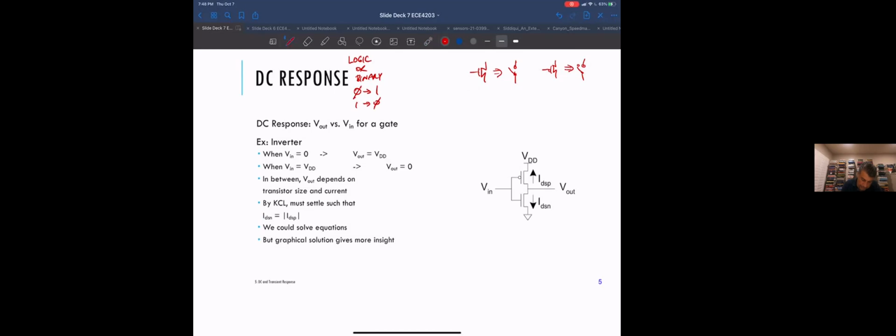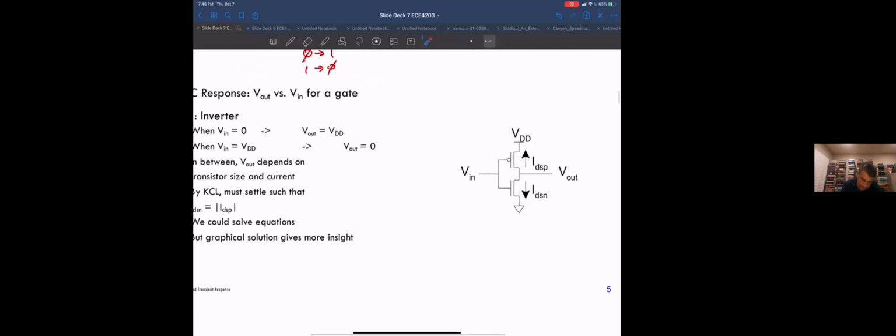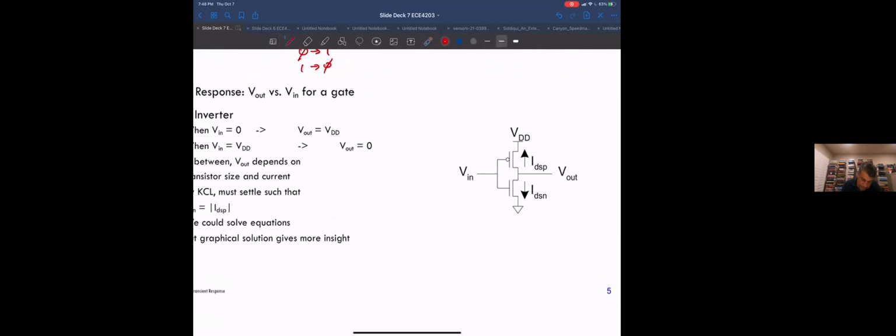So in reality, if I look at a CMOS inverter, I guess there's one drawn here. The input is transitioning from low to high and high to low. And a logic level, as we've mentioned before, is 0 to VDD and VDD to 0.